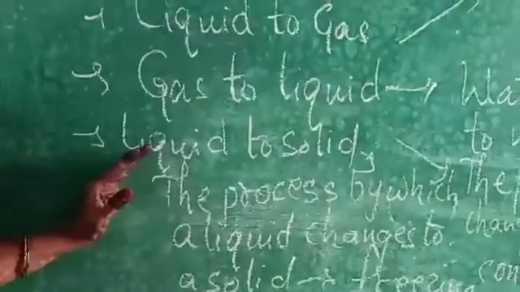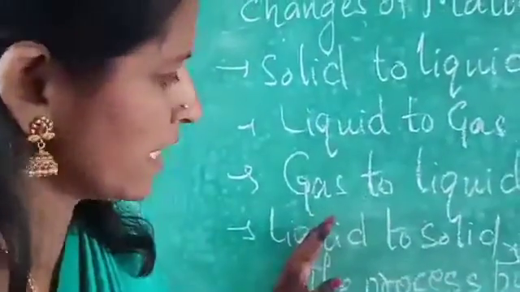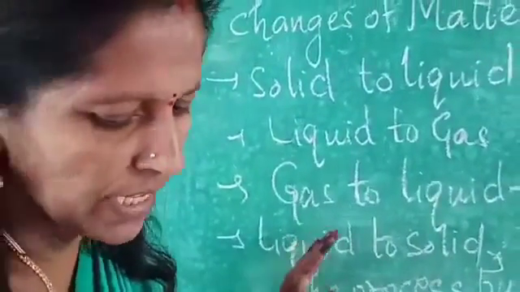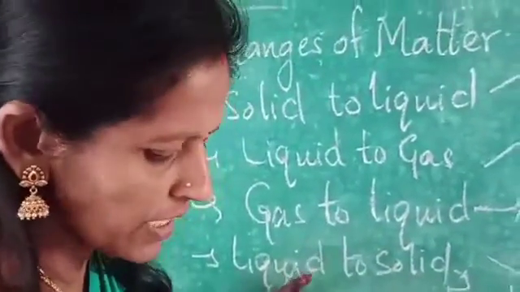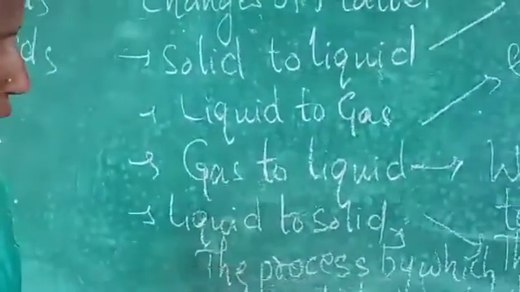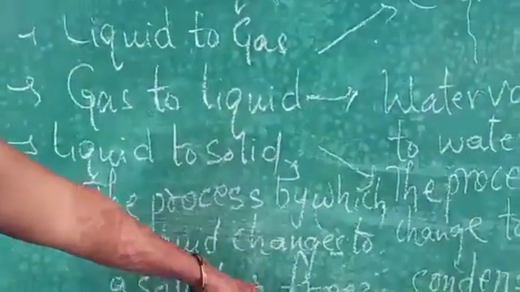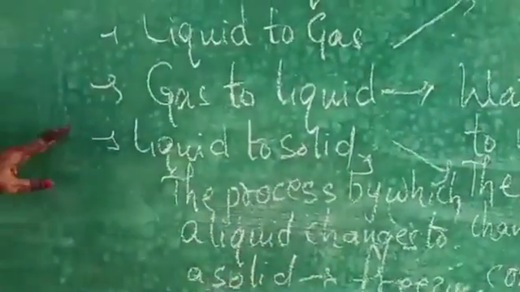So when we cool a liquid, it changes to its solid form. Water changes to ice on cooling. So the process by which a liquid changes to a solid is called freezing. Okay. What we have seen today?